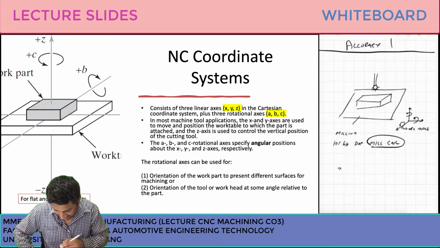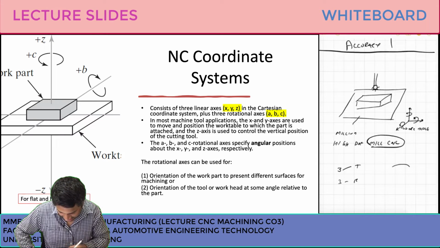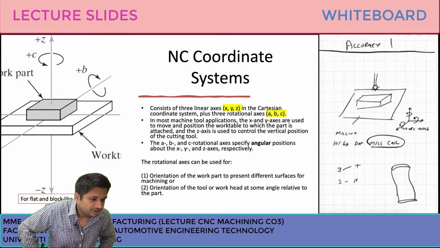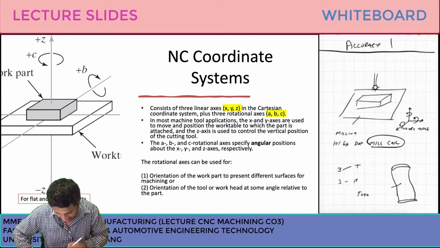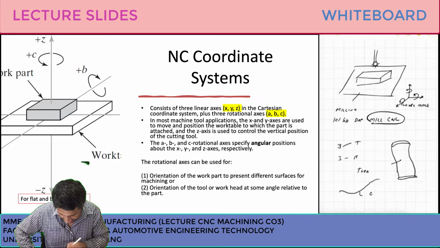So with 3 translations and 3 rotations, I can create turbine blades which have very complex shapes, having dovetail joints, etc. With very good tolerance and accuracy, we can create turbine blades, which require a great degree of accuracy. Very complex curves are involved.